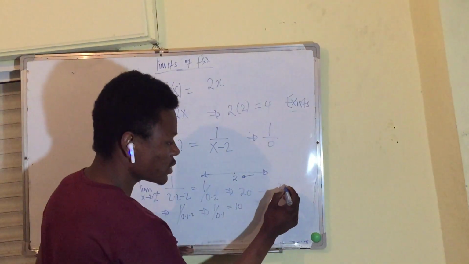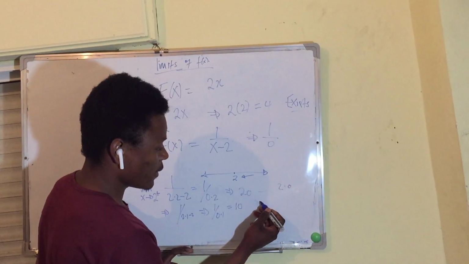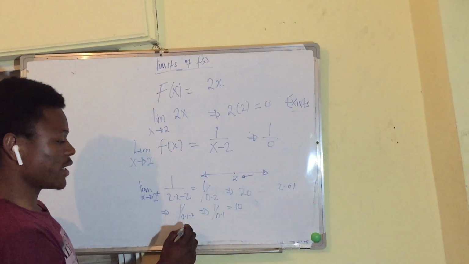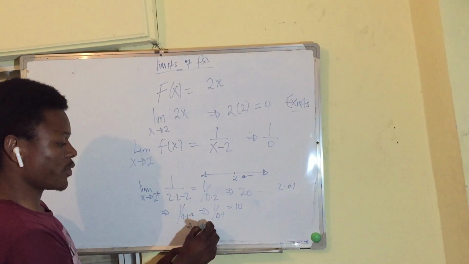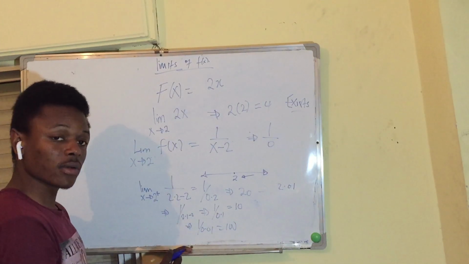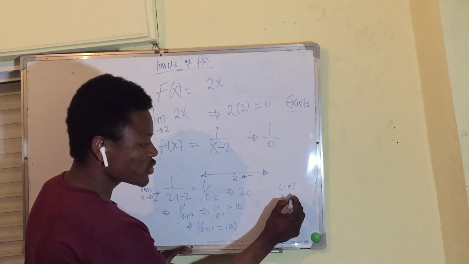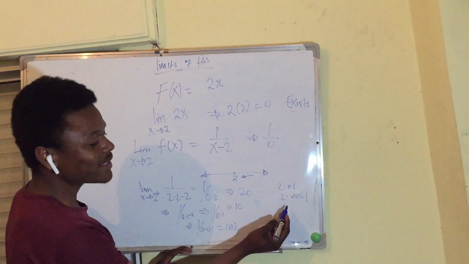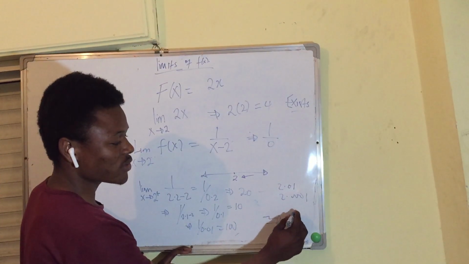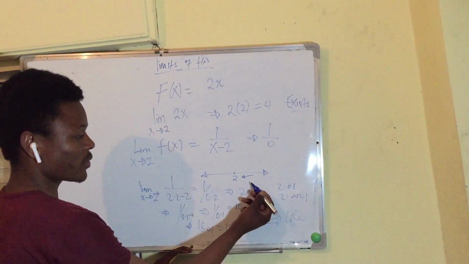So at 2.01, we have 1/0.01, which is 100. Right? It's 100. At 2.001, it keeps approaching 2, right? You will see the value is 1000. So the value is getting bigger and bigger as it approaches 2.